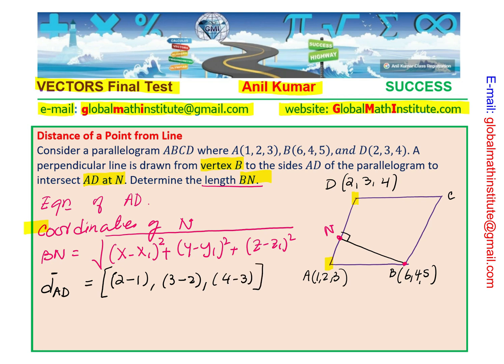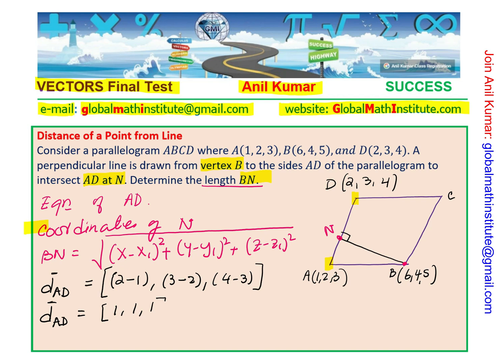Perfect. So we do get this direction vector A to D as [1, 1, 1]. So that becomes the direction vector.